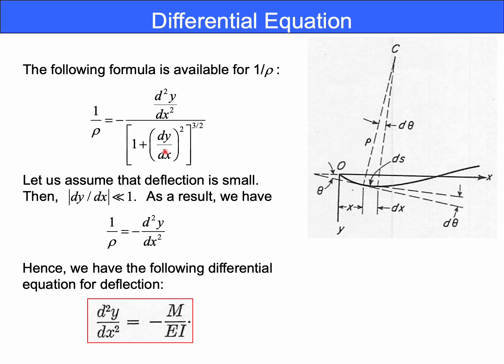If the slope dy/dx, the first derivative of y, is much smaller than 1, then you are able to replace the denominator with 1. So as a result you obtain this: 1 over rho equals minus the second derivative of the deflection.